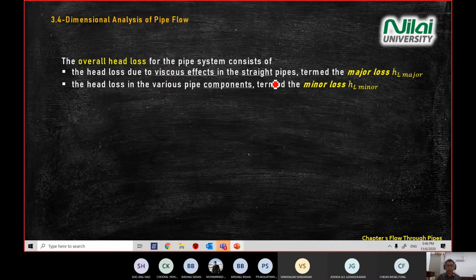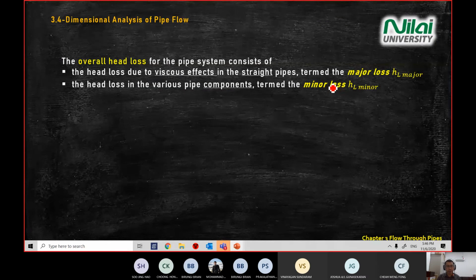What is the difference between these two is that major loss normally deals with viscous effects in the straight pipe. The keywords are viscous and straight pipe. While the minor loss is about components, for example, T-joint, elbow, and all this.